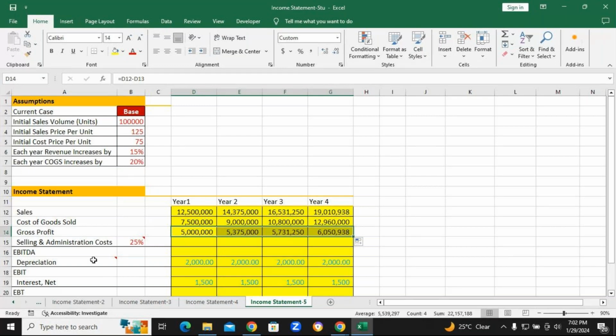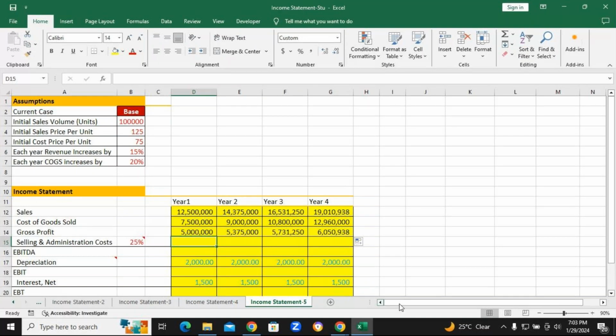Selling and administration cost, they are telling it is 25% on the revenue. So here, selling and administration are 25% of revenue for that year.